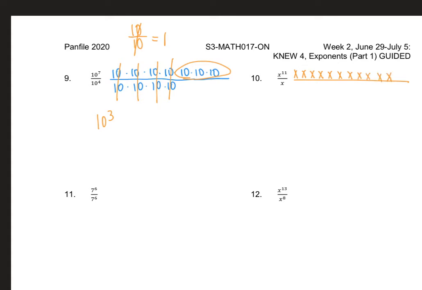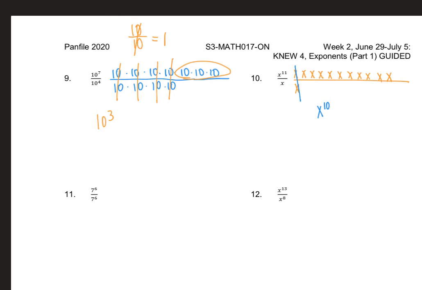I'm only putting 1 on the bottom, and I'm canceling 1 on top and 1 on the bottom. How many is that going to leave me with? It's going to leave me with 10 x's on top, right?